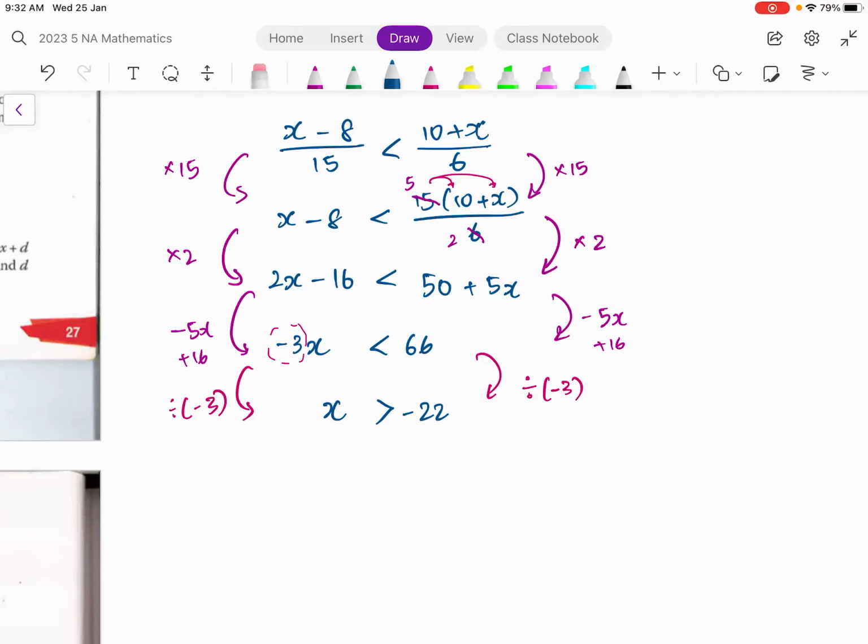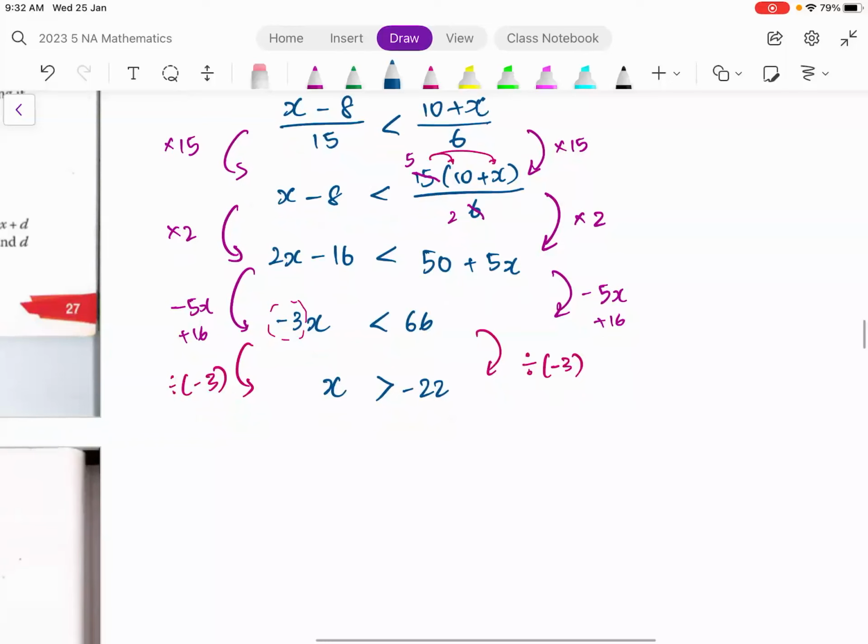Is it the correct answer? So check. So I'll keep asking. Okay, so x is greater than negative 22. So circle, the circle, don't color, because we are excluding the value of negative 22.